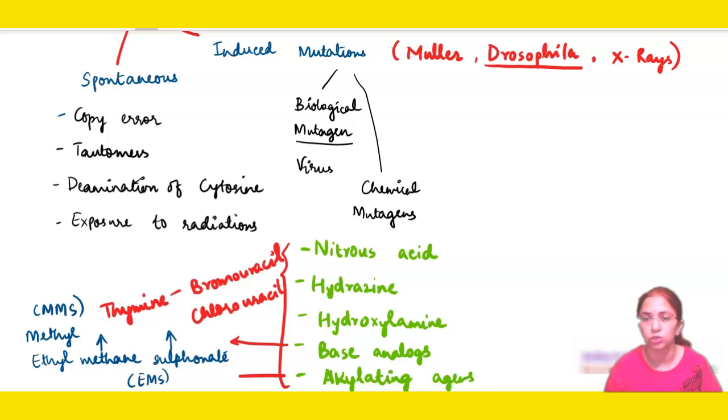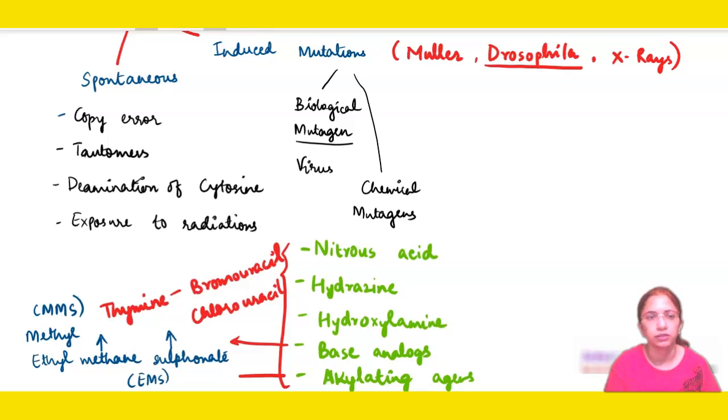They are important because these are the agents that cause the alkylation of the bases, and once the alkylation is done, the base pairing rule is violated and mutation is done. So this is the agent which is causing the mutation. We will call them mutagens, and because these are chemical in nature, we would name them chemical mutagens.